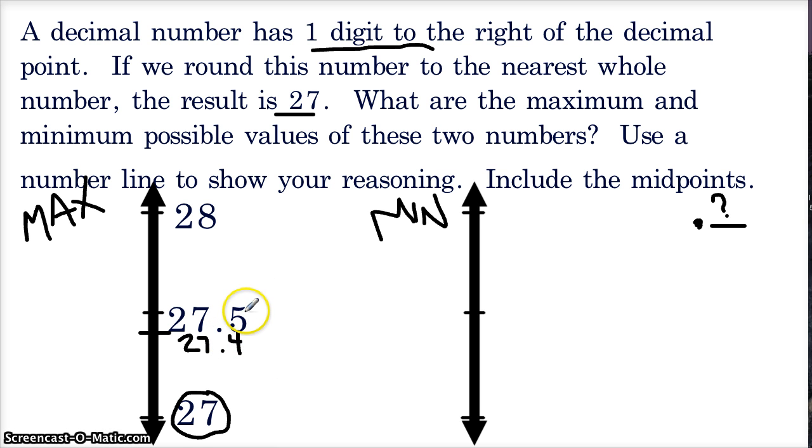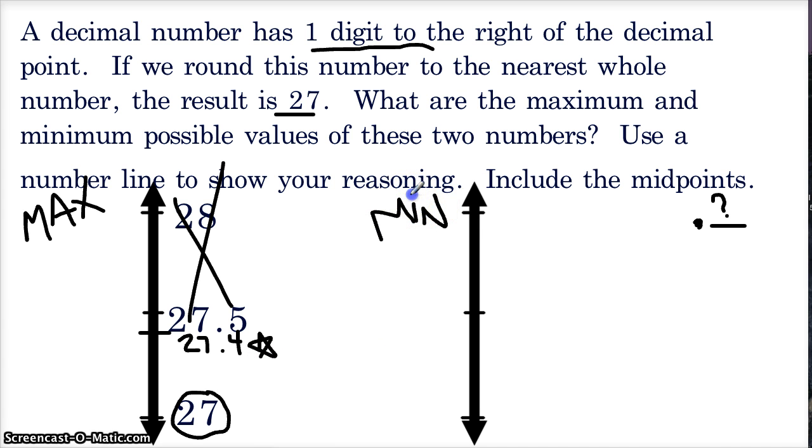Because if it was 27.5, we would round up, and we didn't round up because our number is 27, not 28. So it can't be this part here. So our maximum number, the greatest number it could possibly be, is 27.4. I'm going to keep that number in mind. Let's put a star by that.